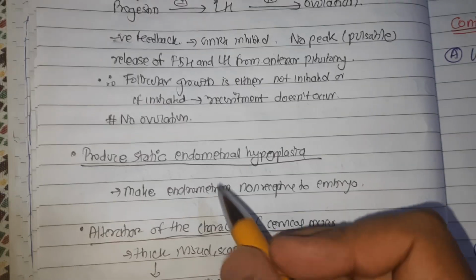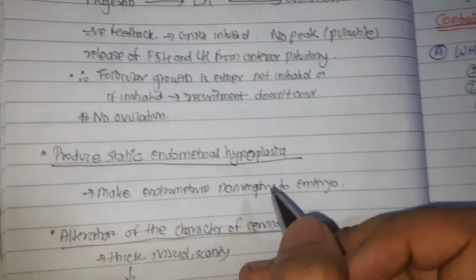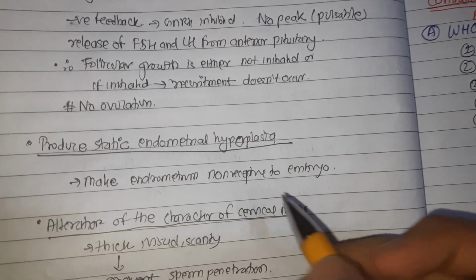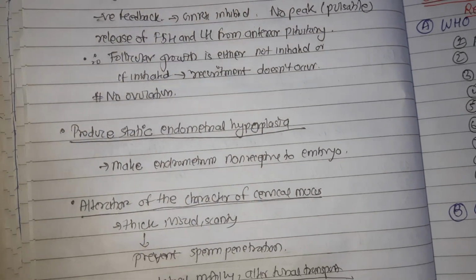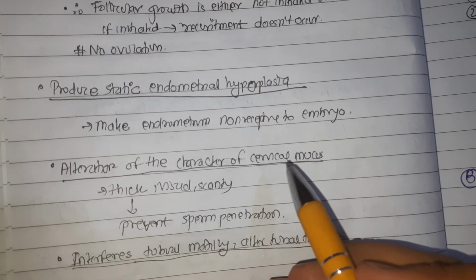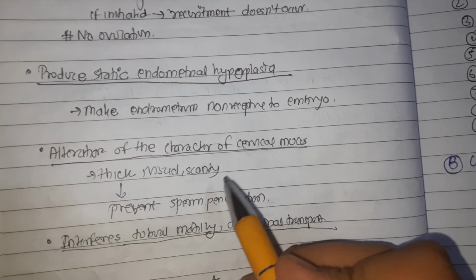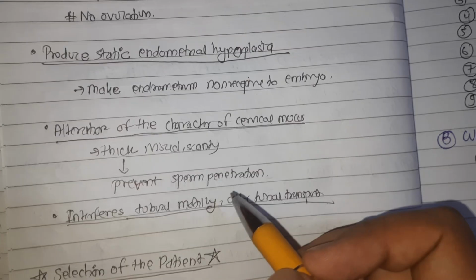Another mechanism of action is that they produce static endometrial hypoplasia. There is stromal edema, decidual reaction and regression of glands, making the endometrium non-receptive to the embryo. Another mechanism is alteration of the character of cervical mucus. It becomes thick, viscid and scanty, so it prevents sperm penetration.